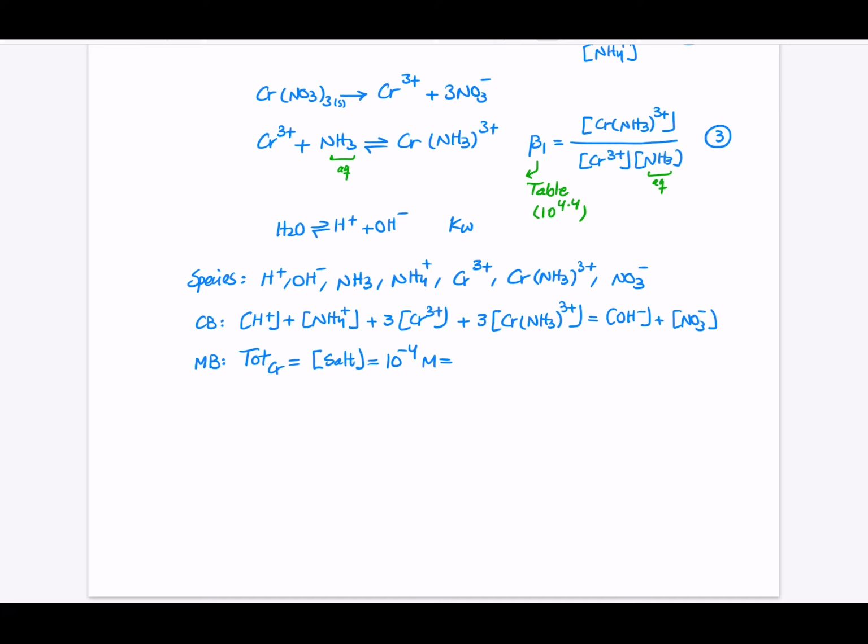And what are the species? 1 times chromium 3 plus. Anything else? No. Okay. So knowing the concentration of the salt gives me mass balance for 2 different elements, chromium and nitrate.